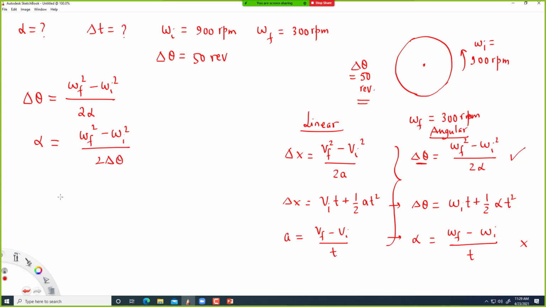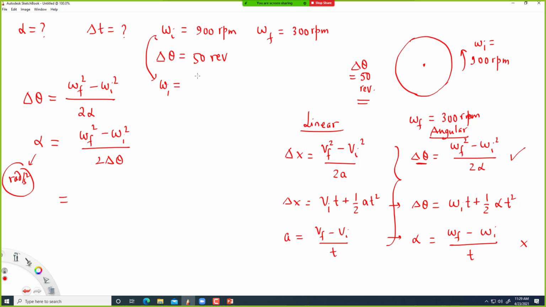Okay, so plug in the numbers. Alpha, if you remember from the lab, has the unit of radian per second squared. Here we have the unit in RPM, revolutions per minute, so somehow we need to convert this into radian and second. That's the first thing we need to do.